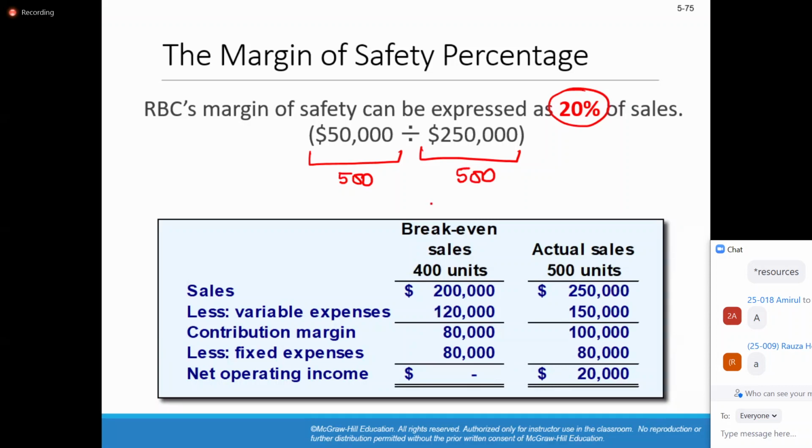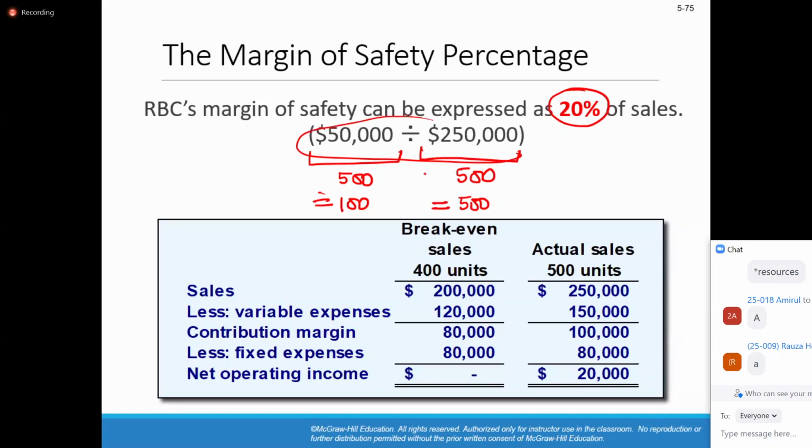So if our selling price is 500, we can easily determine our break-even sales quantity is 500. And here you see that it is equal to how much? 100. Is it 50,000 divided by 500?